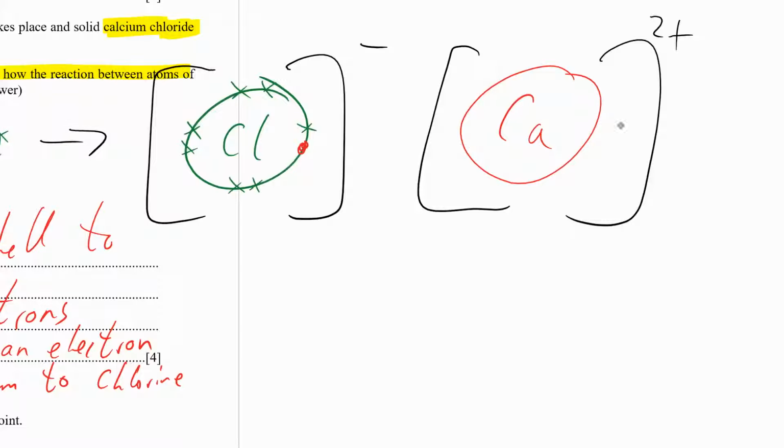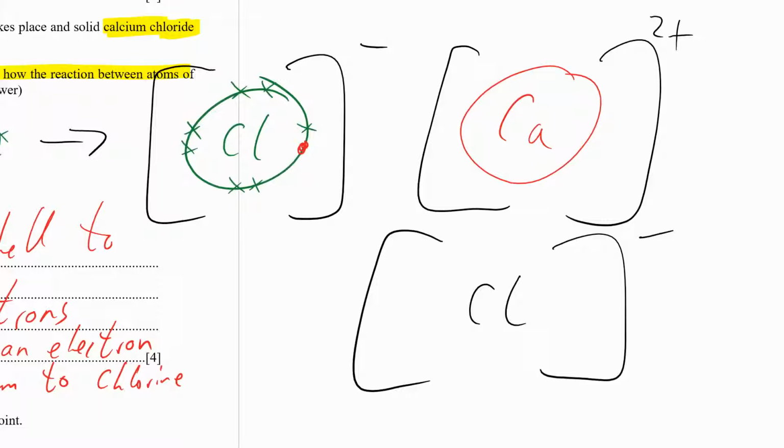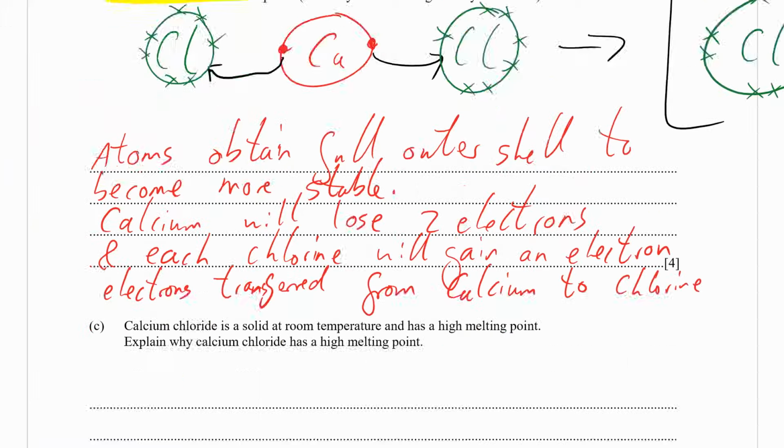Okay, they're no longer present, and obviously there is then another chlorine looking exactly the same as the one I have just drawn. Okay, there's a diagram view.